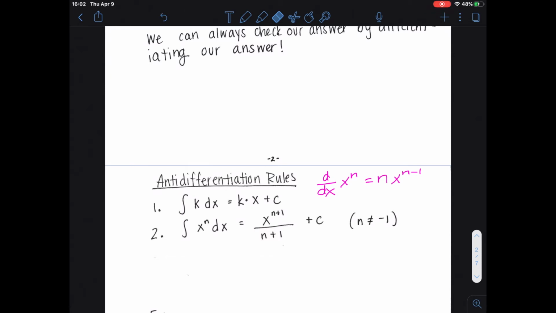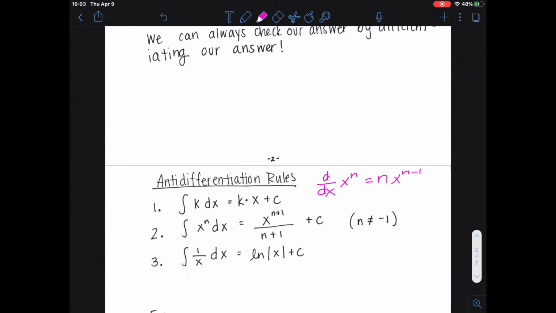The only problem is when n is equal to negative 1, because that will make us divide by 0. Really, that particular case deals with our natural log function. If n is negative 1, that's just 1 over x. The only function whose derivative is 1 over x is the natural log.